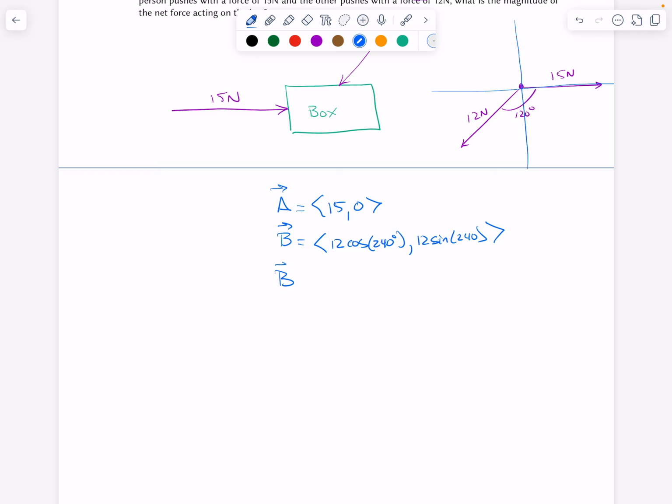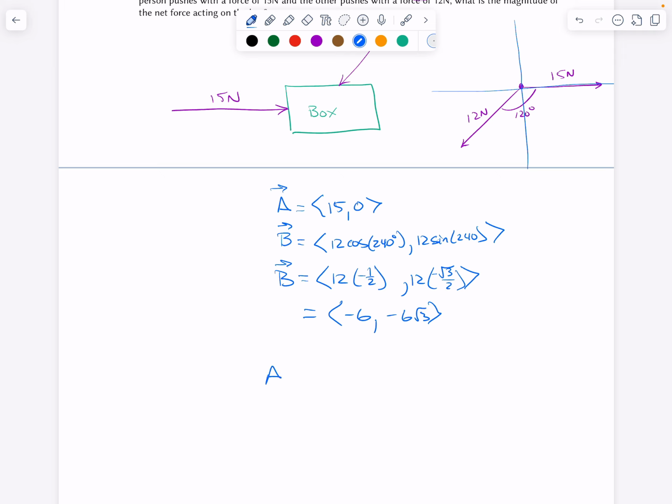So that'll be 12 times negative 1/2 and 12 times, wait a sec, sine of 240. I think my diagram just doesn't look good. That's going to be radical 3 over 2, and so that's going to be negative 6 radical 3.